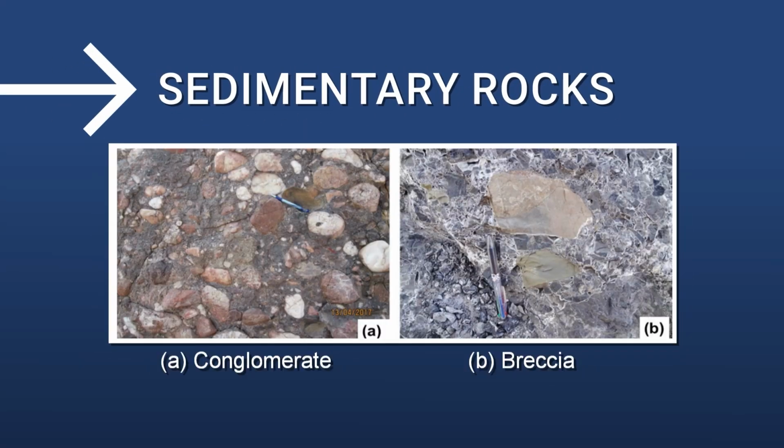Then you have different types of sedimentary rocks based on the mineral size and shapes, conglomerate and breccia. In breccia you can have angular fragments, and in conglomerate you will have rounded fragments and they are larger in size.